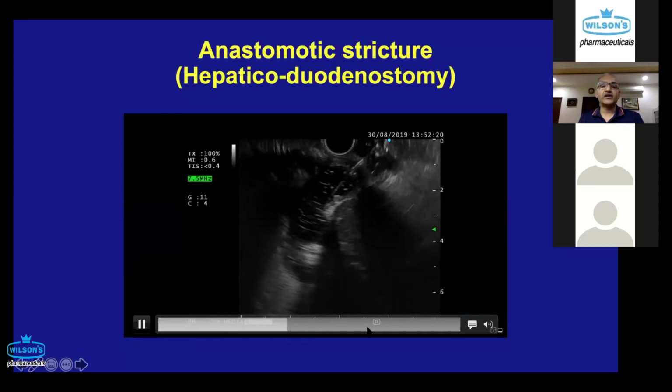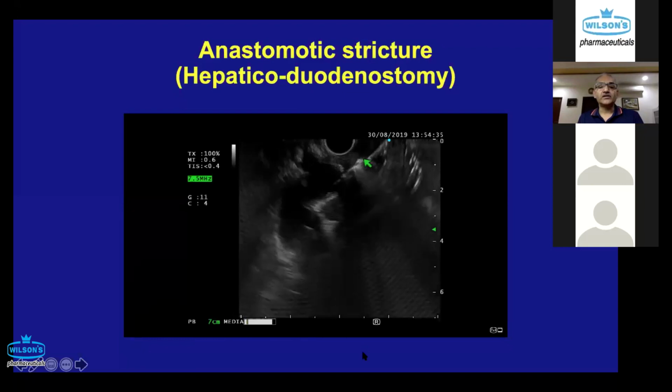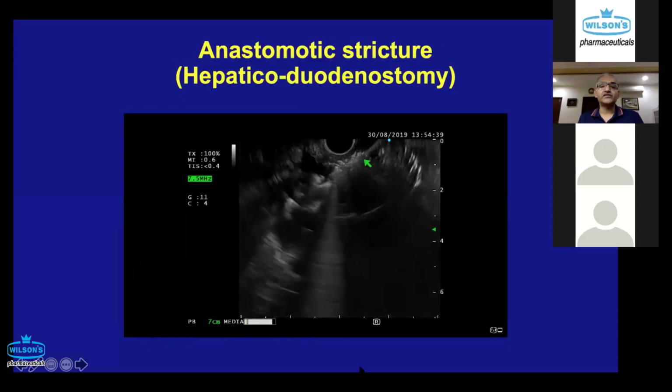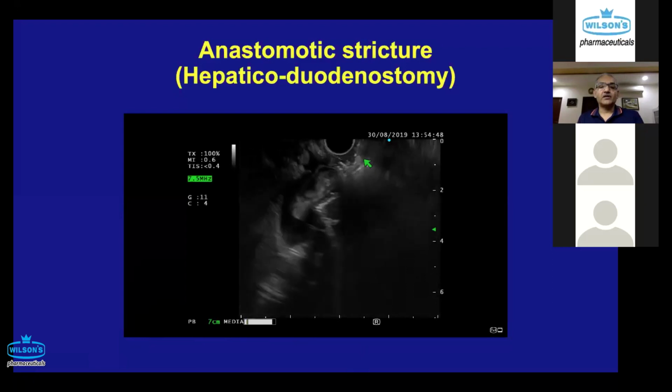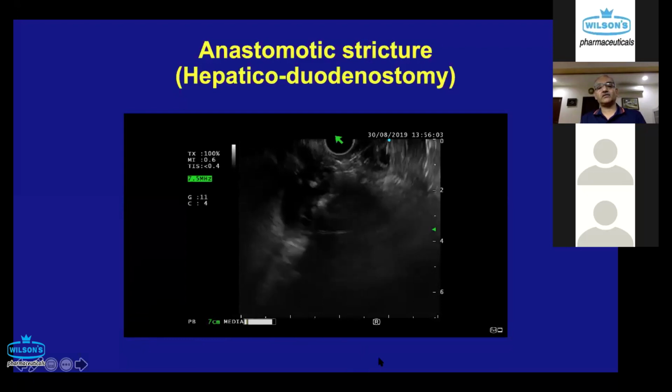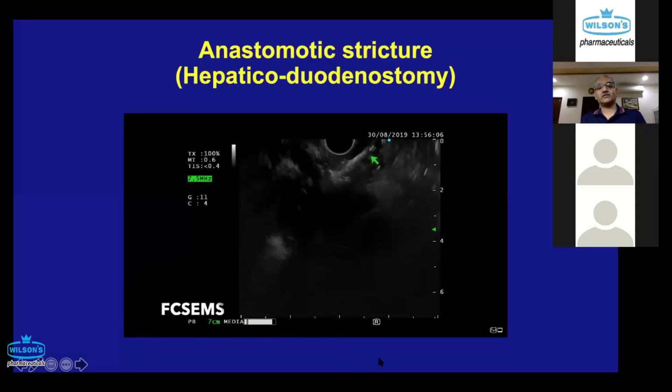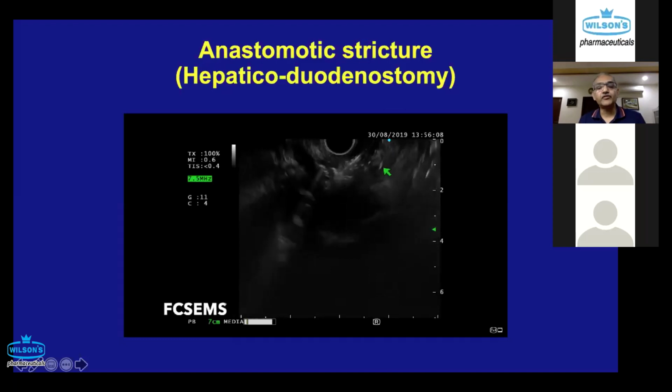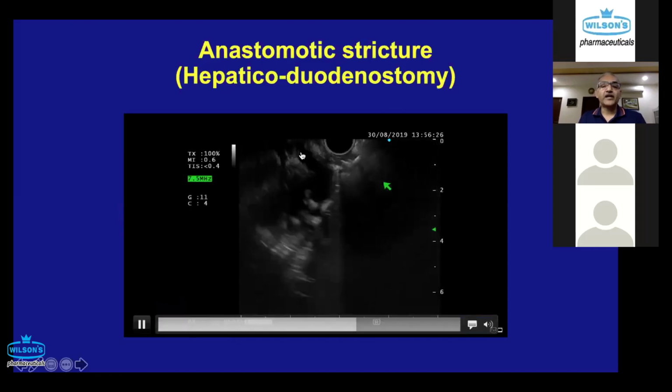And we placed a fully covered stent after creating the fistula with a cystotome. This is a 4 centimeter fully covered stent. This is the left hepatic duct and the right hepatic duct.